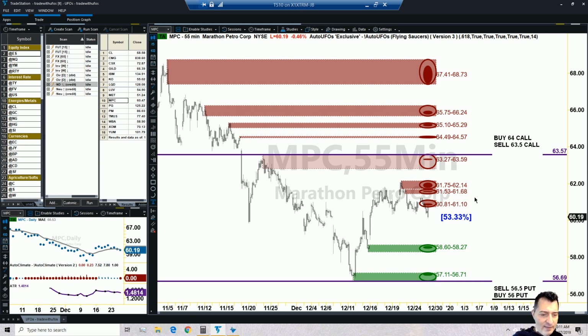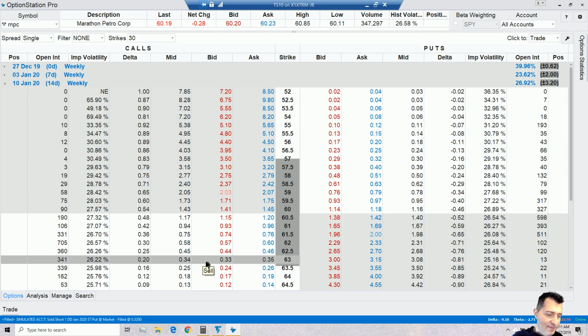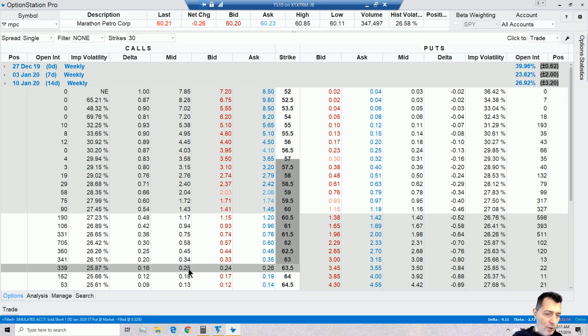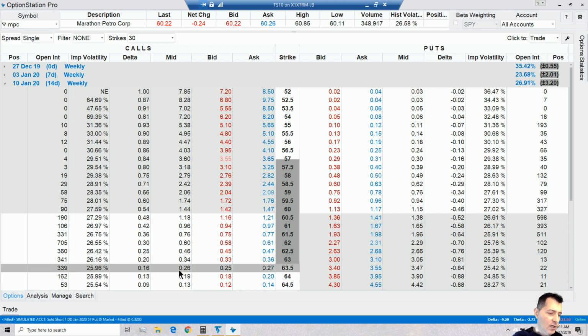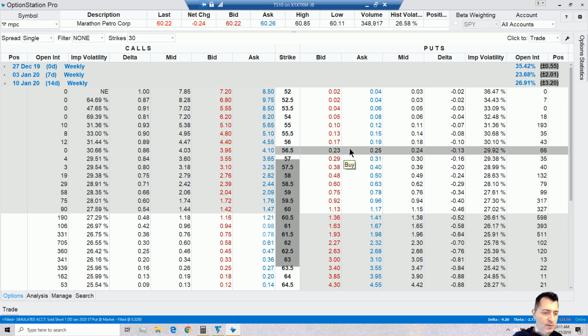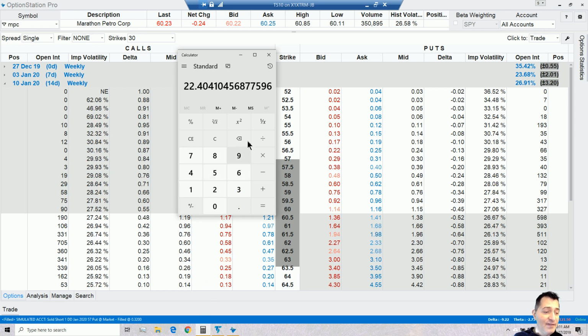Again, before I get too excited, let's take a look at how much we get paid on the 56.5 put, because the 63.5 call is paying us very tight, 65. The question is how much we get paid with the 56.5 put, and it's also very tight, 24 cents. That is not enough. I would accept 25 on the call side if I got plenty of premium on the put side, where the two together would give us a minimum of 70, right?